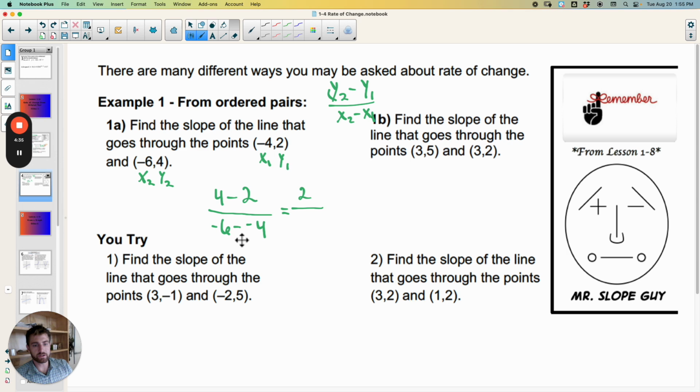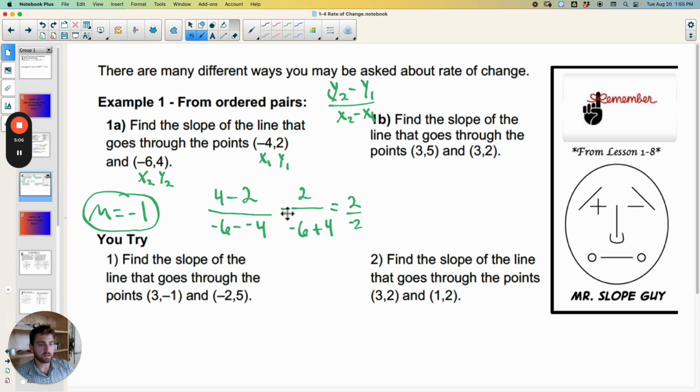And then on the bottom here, -6 minus a -4, I'm just going to write that as -6 plus 4. And then lastly, -6 plus 4 is going to give me -2 on the bottom, and then 2 up top. So don't forget, this is going to reduce. Okay, this is going to simplify to a slope of -1. All right, so that's example 1A.